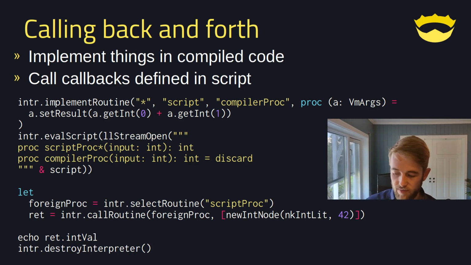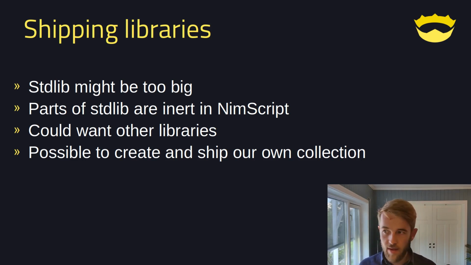I just also want to mention the standard library is not huge. It's 5 megabytes. Compiling in everything you need for NimScript makes your binary about 3 megabytes big. So if you want to ship this as part of your program, you might want to create a stripped down version. In the article, I discussed this a bit more. There's a tool for it that takes imports, and you can also add external dependencies.